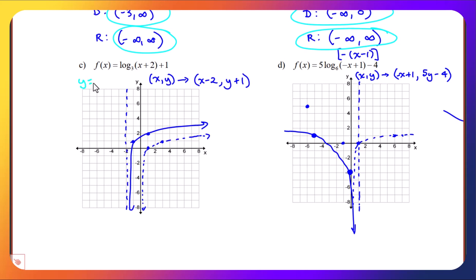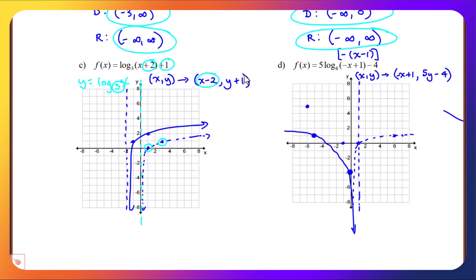Our parent function is y equals log base 3 of x. There's our friend (1, 0), and because the base is 3, there's our point of (3, 1). As usual, the vertical asymptote of x equals 0 is our starting point. And then we take this graph, and we move it to the left 2 and up 1.